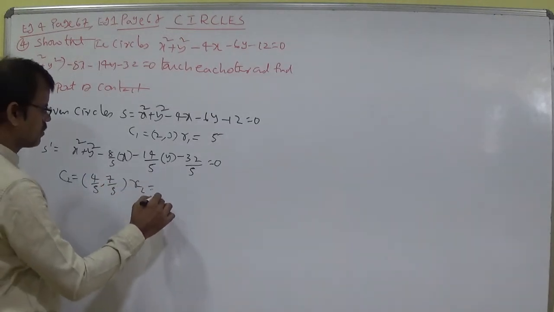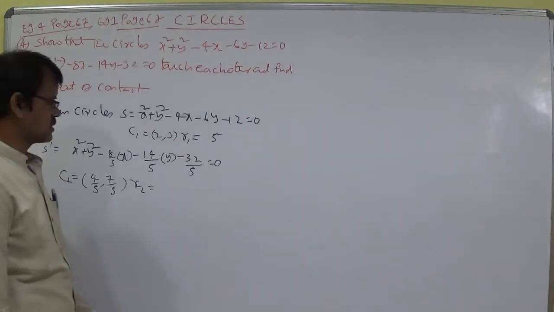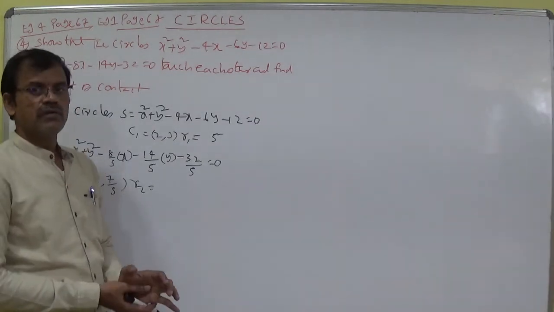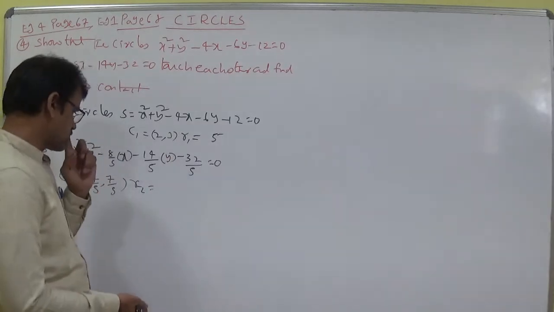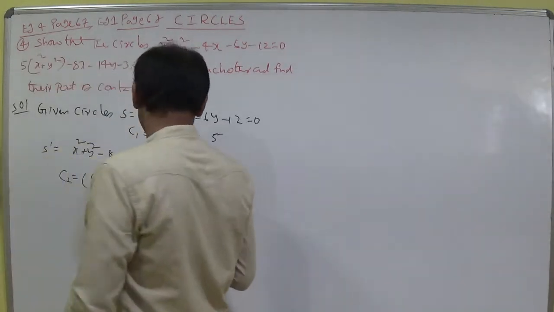R2 is equal to root of 4 by 5 whole square plus 7 by 5 whole square plus 32 by 5. This is 16 by 25 plus 49 by 25, 16 plus 49 is 65, so 65 by 25 plus 32 by 5.